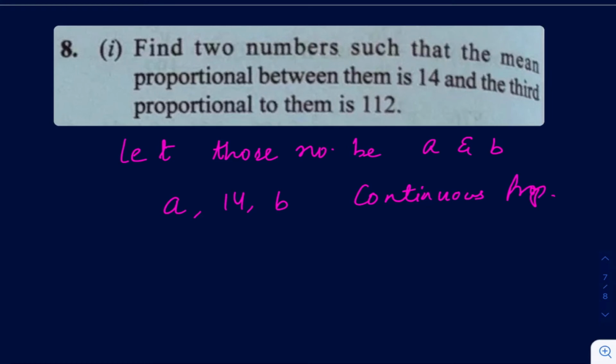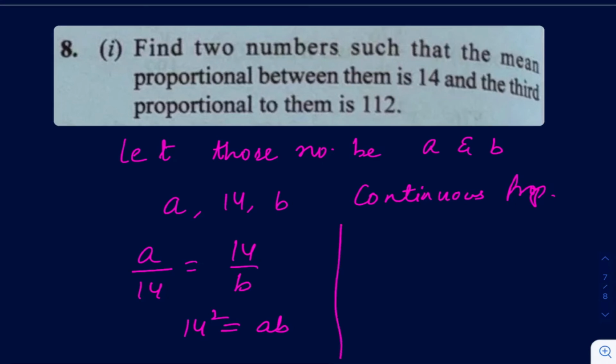So what does it mean? We'll apply the same result. A upon 14 equals 14 upon B, or you can say 14 square equals AB. So this is the first equation. Now what is written? And the third proportion to them is 112.